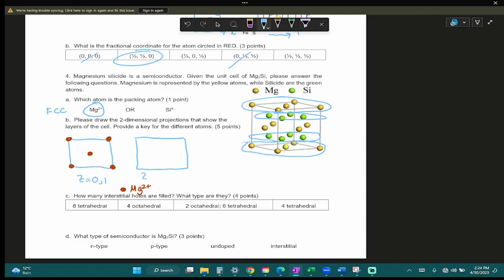And right here we'll write z equals 1/4 and 3/4. And then we'll add in our silicon. And then we have one more layer, which is this middle layer right here of magnesium.